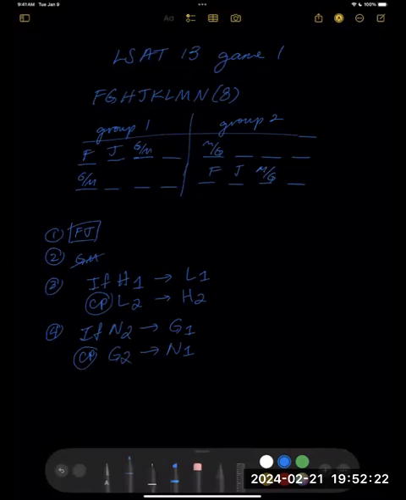And again, this isn't a biconditional. This is a regular conditional where we have triggers and consequences, and it is possible to avoid the triggers and just do the consequences. So G and N could be together if they're both in group 1. L and H could be separate if L is in group 1 and H is in group 2.